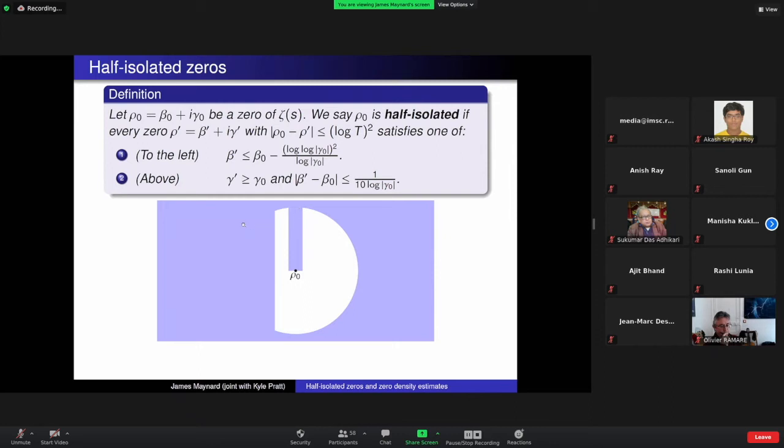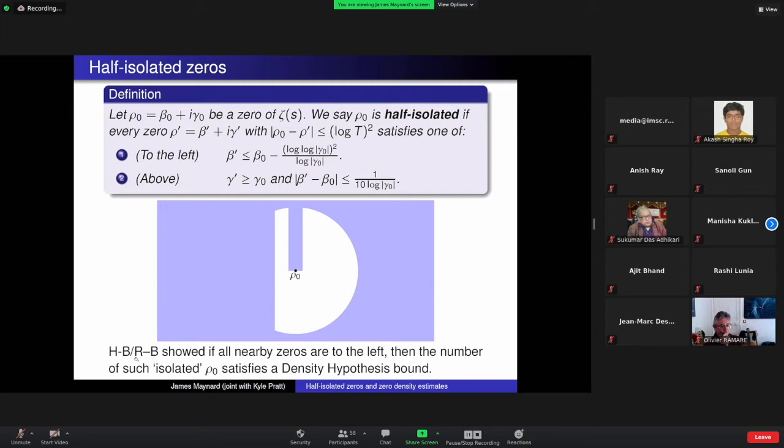And it's these zeros that we develop a new way of counting, and we can count these zeros unconditionally. So the work of Heath-Brown and Balasubramanian-Ramachandra, so RB should be BR, they showed a somewhat similar result under the rather simpler assumption that all the zeros were just to the left.